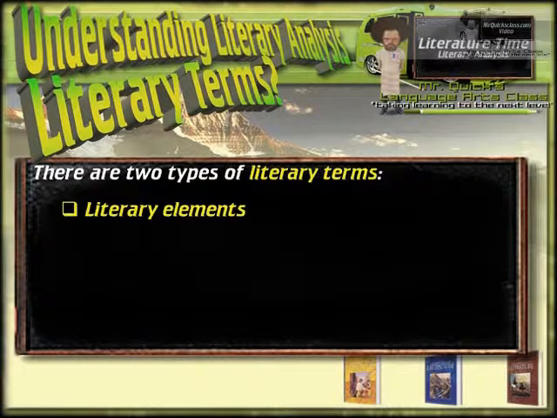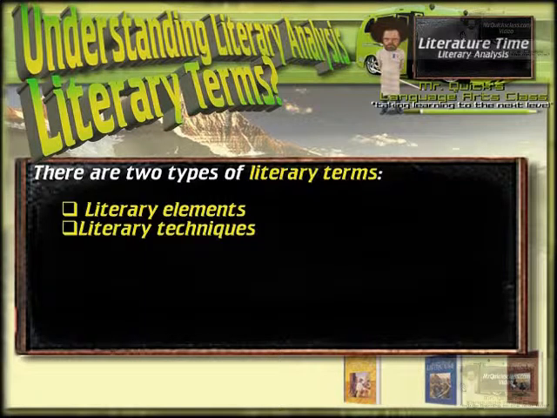And as far as I know, you had a literature book last year called The Elements of Literature. So you kind of already know what this is. Elements, and the second type, techniques. We need to write both of those down.